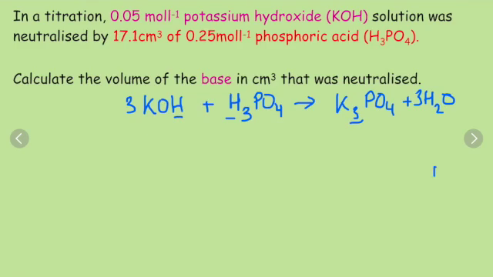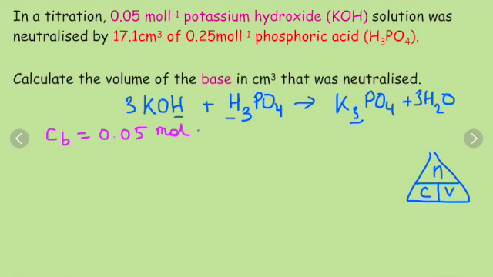Now, no carrots or veggies. And now we write what we have from the question. So the concentration of the base is 0.05 moles per liter. And we need to calculate the volume of the base.